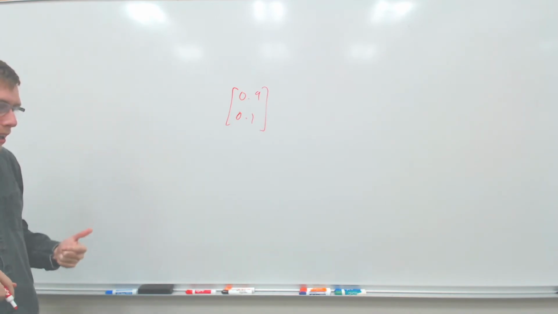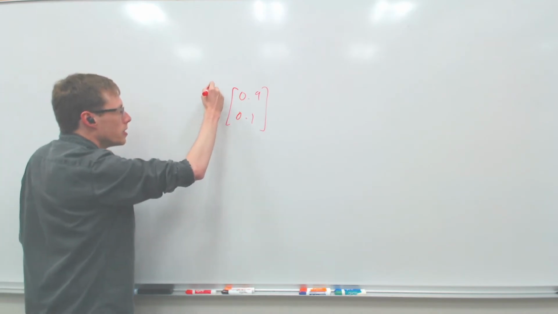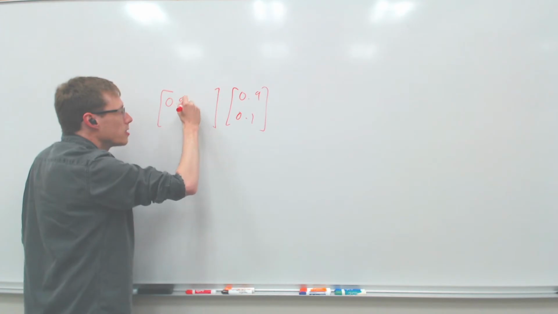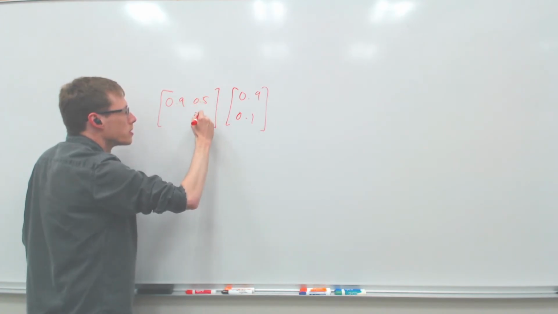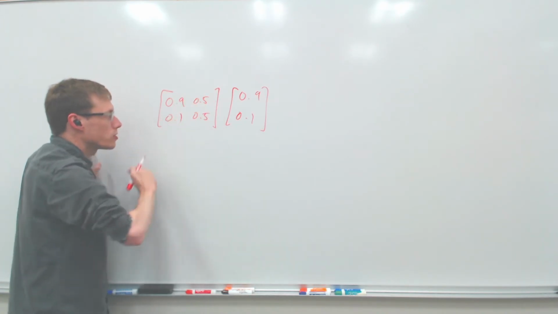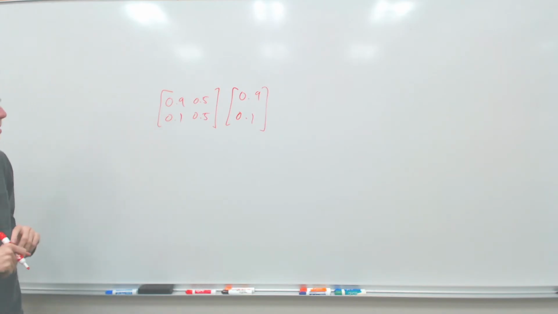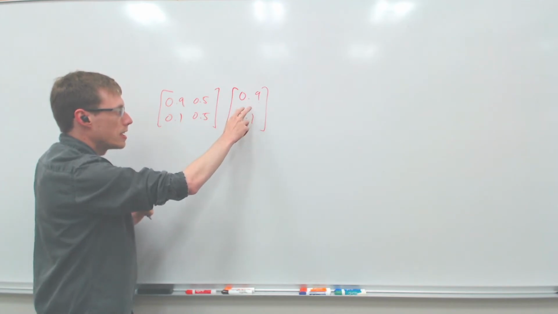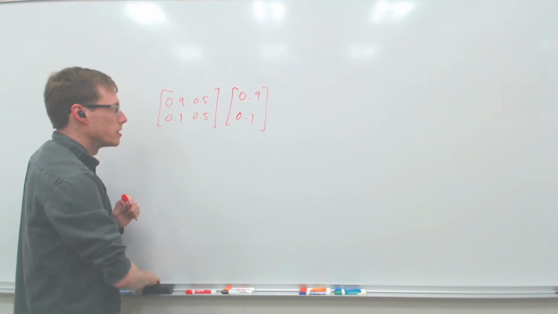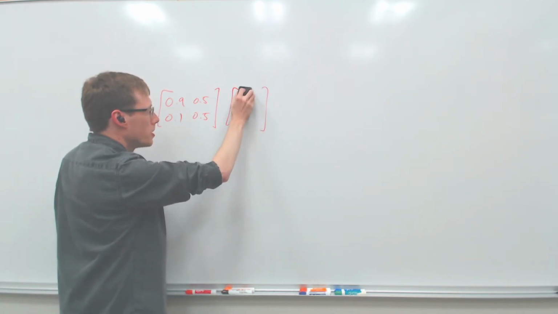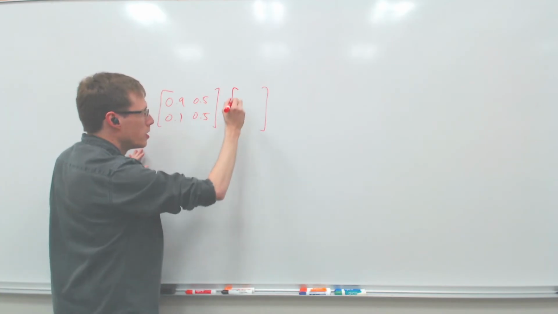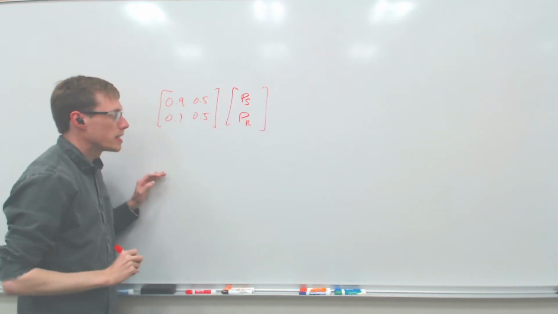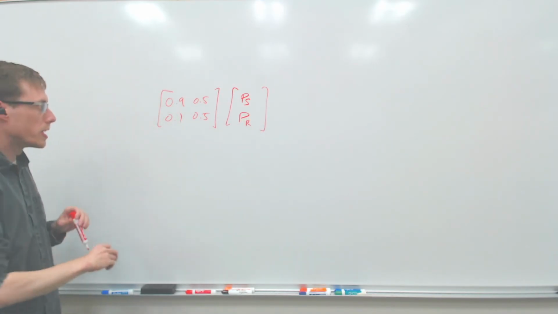What we want to have is, if we have this matrix, which I'll explain in a moment, and we multiply them together, and we treat this thing as today's current probability of being rainy and sunny. We'll just say this thing's like P sunny, P rainy. Now let's multiply these two together and see what we get.